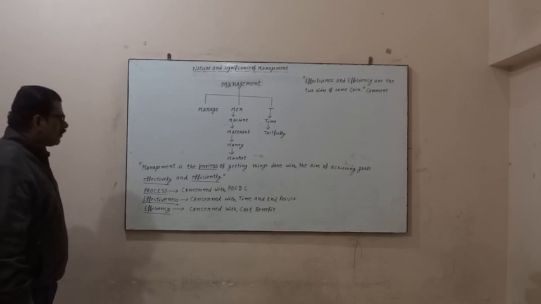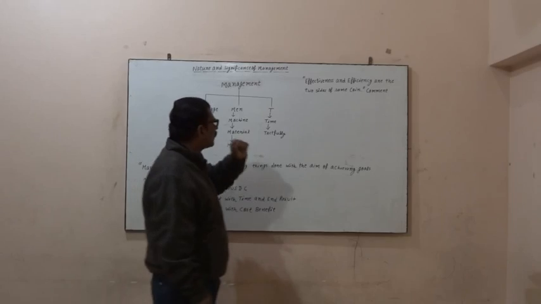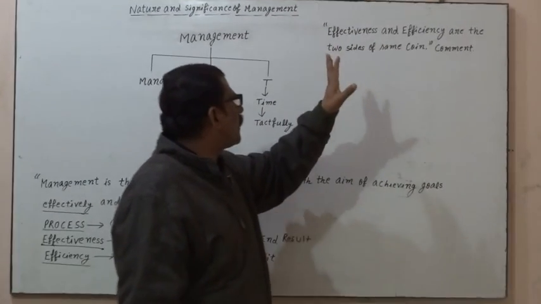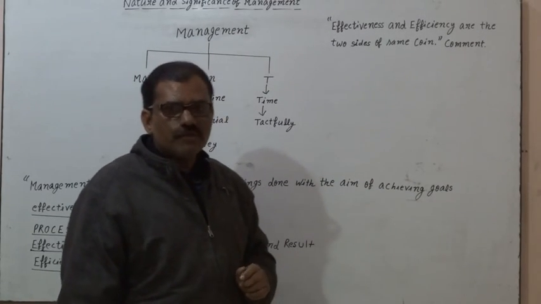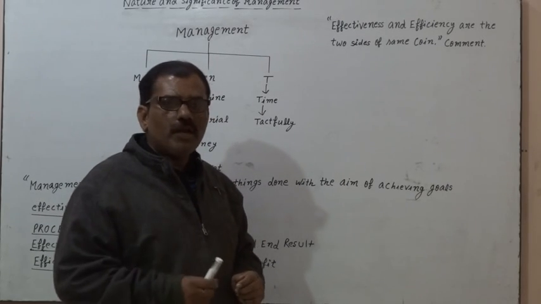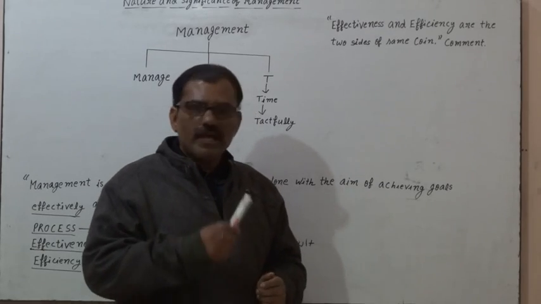Now, one question may be asked in board examination, which is here. Effectiveness and efficiency are the two sides of same coin, comment. While writing the answer of this question, first of all, you will define the meaning of effectiveness, and after that you will define the meaning of efficiency.